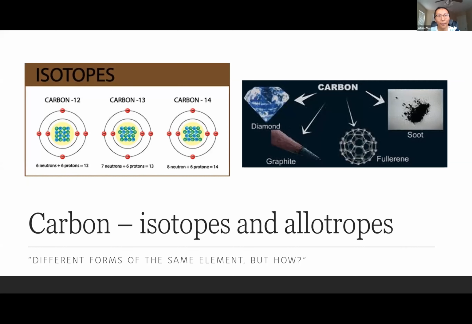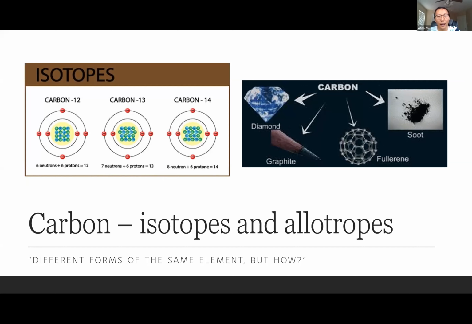So for carbon, they have different isotopes and different allotropes. Remember how isotopes differ by the number of neutrons inside the nucleus? And that's why we have carbon 12, 13, and 14.